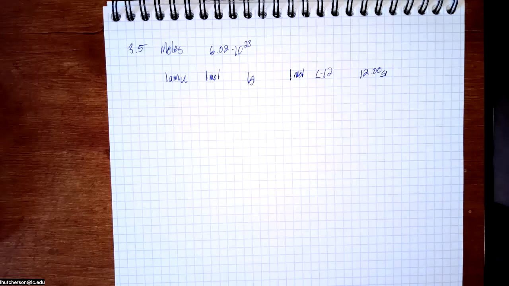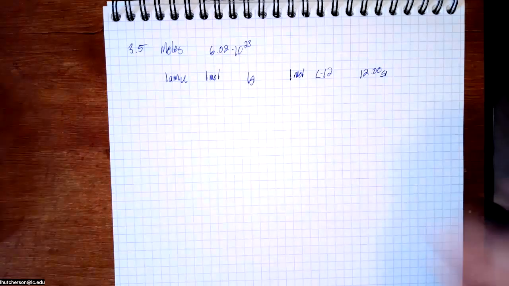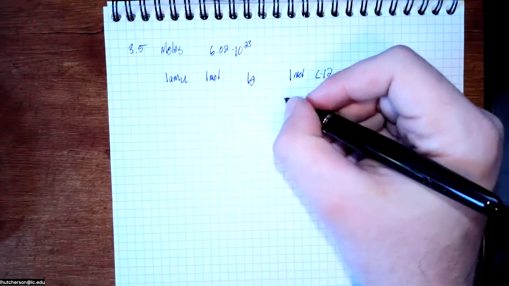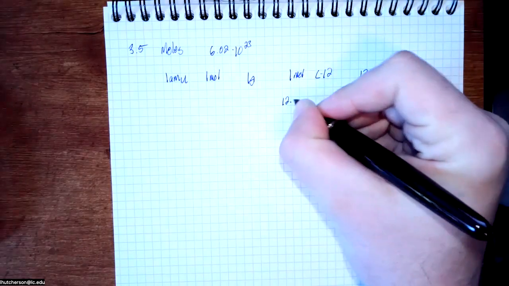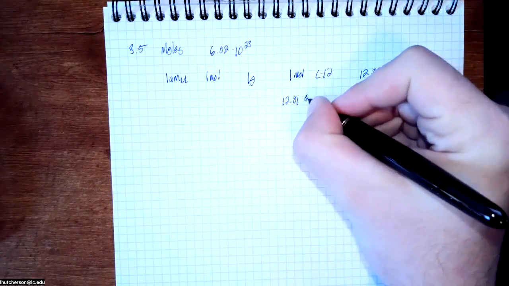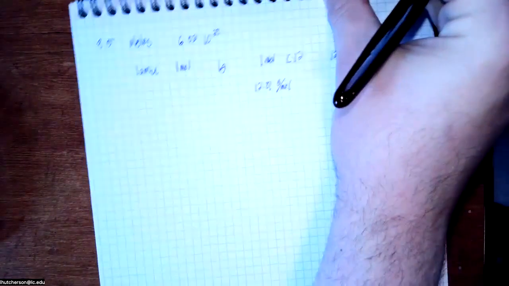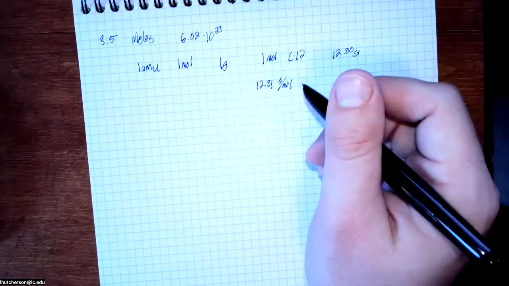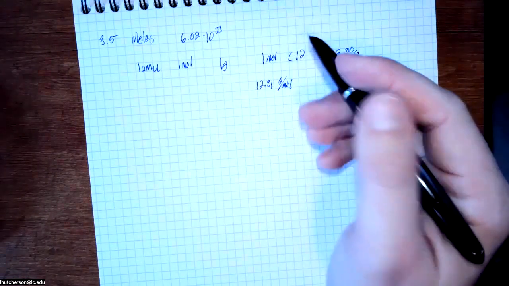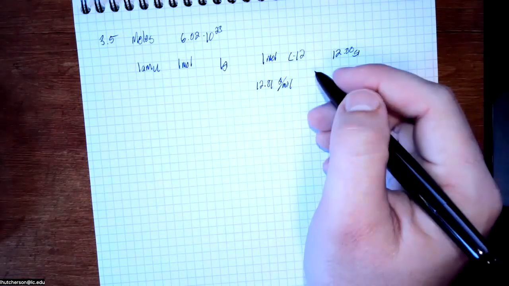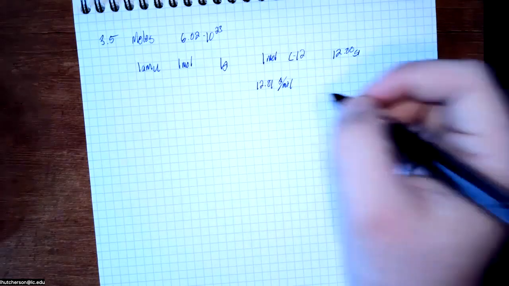So if I wanted to weigh out 1 mole of carbon, I would look on the periodic table and see that the average molecular weight is 12.01 grams per mole. By the way, that's the unit I can stick on here now. So if I want 1 mole of carbon, I need 12.01 grams of carbon.